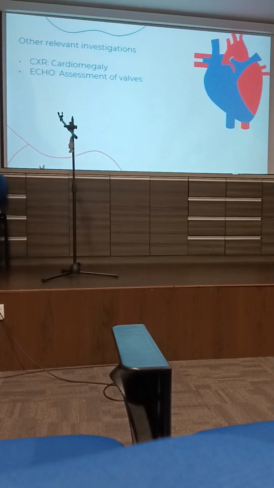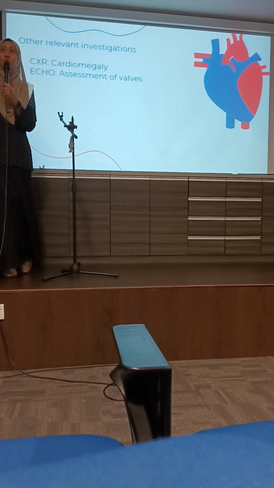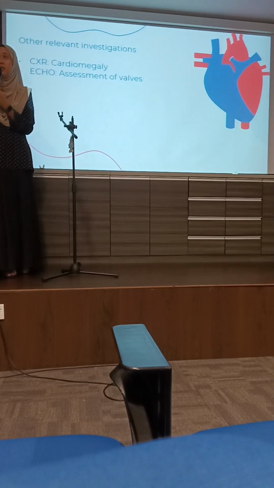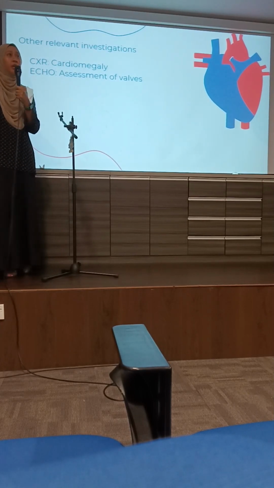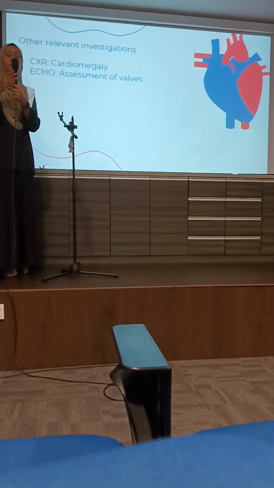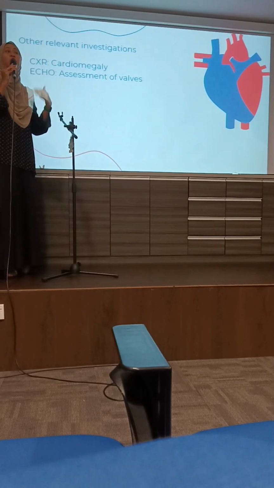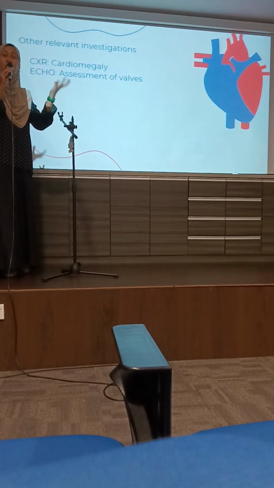So other relevant investigations that one would do, but it's not part of the Jones criteria, is a chest x-ray, because as you imagine, if the heart is inflamed, it will appear larger. So on your chest x-ray, you will see an enlarged heart.